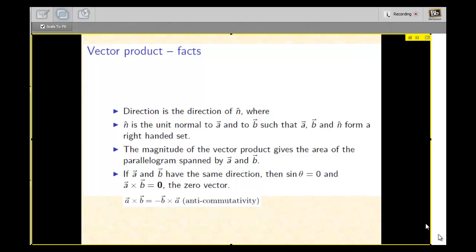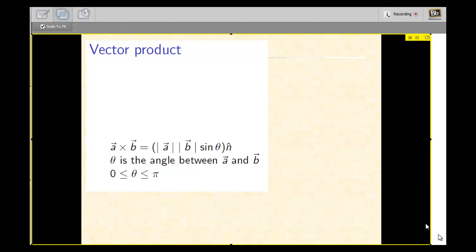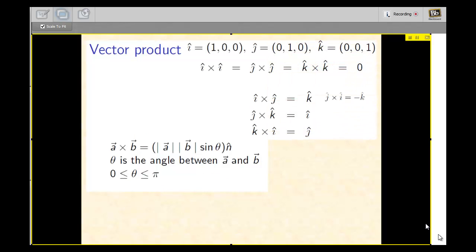The magnitude of the vector product gives the area of the parallelogram spanned by A and B. If A and B have the same direction, then sine theta is equal to 0, and A cross B is equal to 0, the zero vector. So these are the definitions of the cross product.